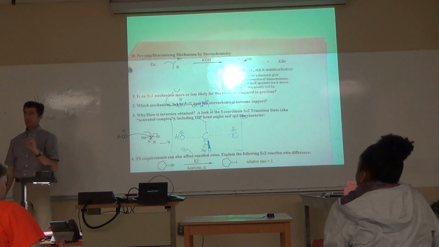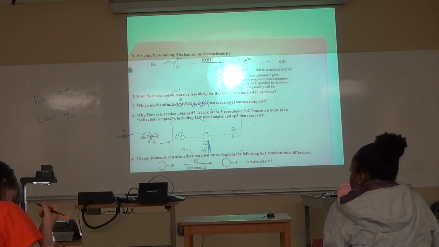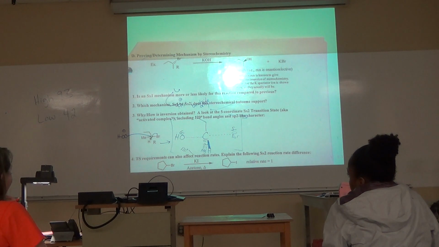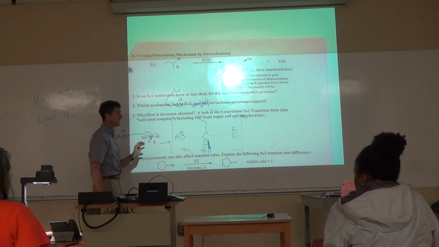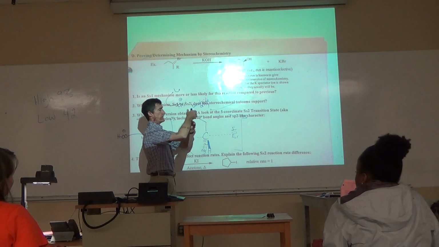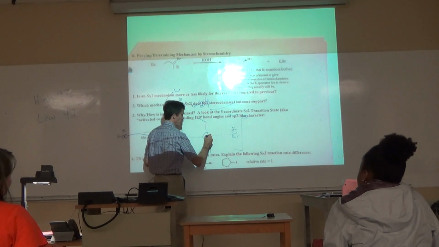Now also, if this carbon became sp2 here, other than the hybrids, what does an sp2 carbon have? It also has a what? A p orbital. And the p orbital would be perpendicular to that plane. The plane here is like this, and the p orbital would be perpendicular.